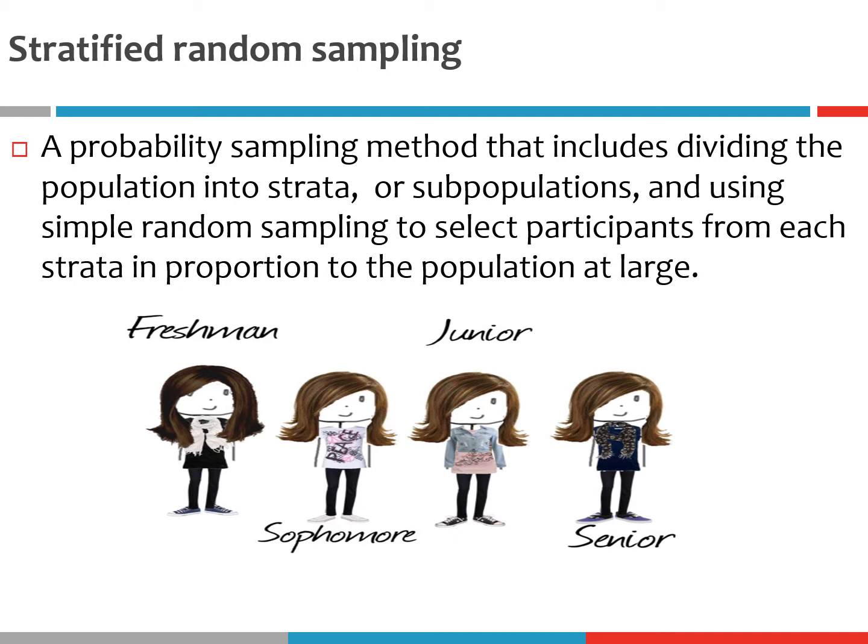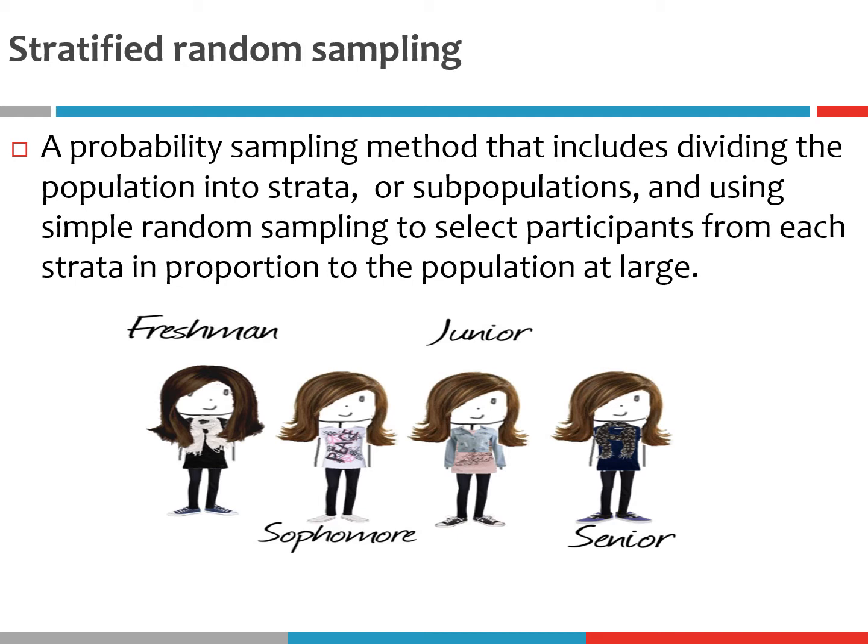So for example, suppose you wanted to look again at attitudes about Mercer's tuition increase, okay? But to be more representative, you first want to divide participants by class, right? So you want freshmen, sophomores, juniors, and seniors, right?